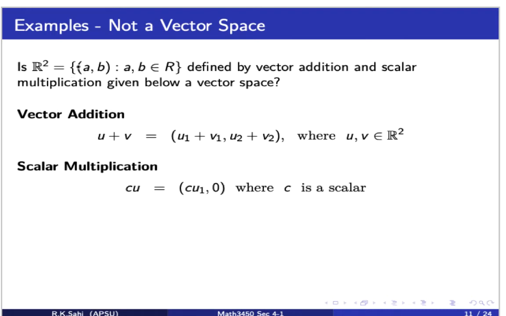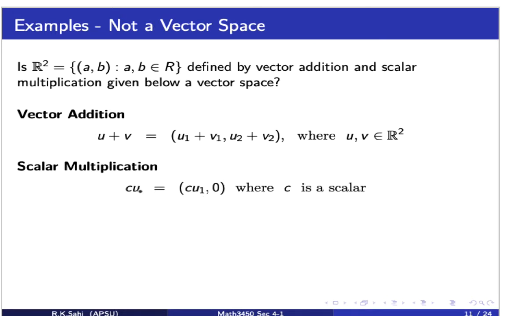R squared is a collection of all ordered pairs of the type (a, b), where a and b are real numbers. R squared is defined by this specific vector addition, U plus V, and C times U, where U plus V is the normal vector addition as we have seen earlier in Rn, and C times U is a little different.